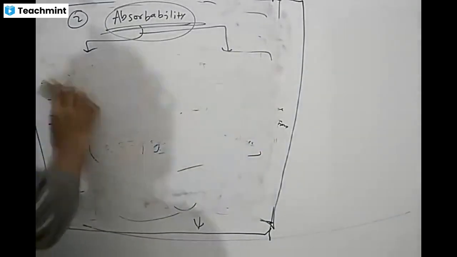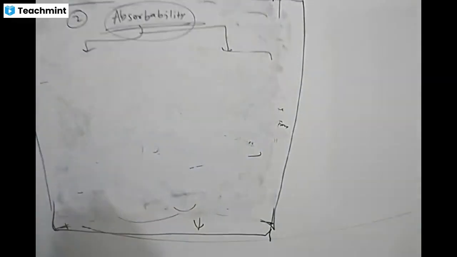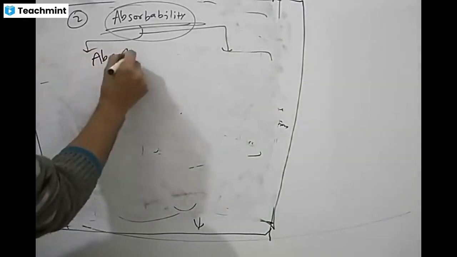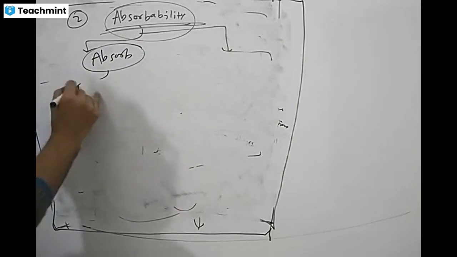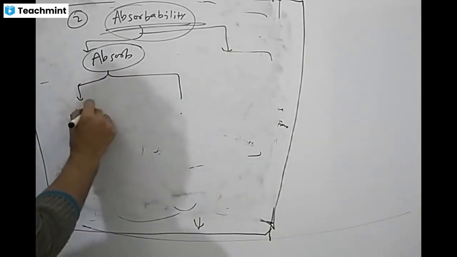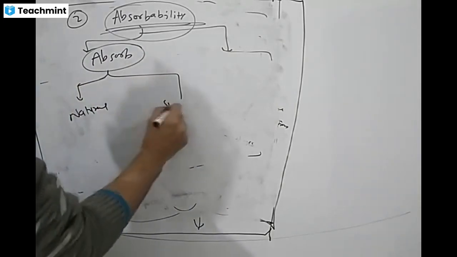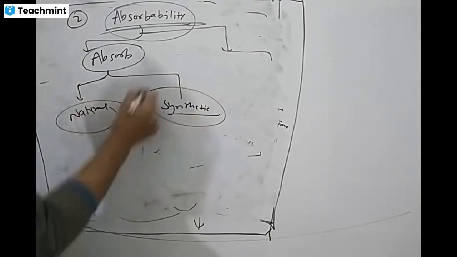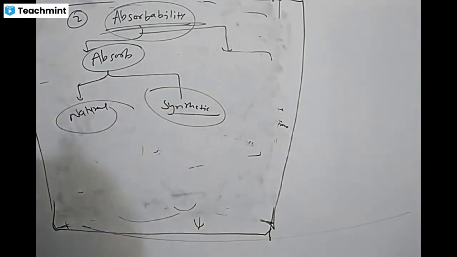Then in case of absorbable sutures, there are two types: one is natural and the second is synthetic. The mechanism of absorption for these two is different.